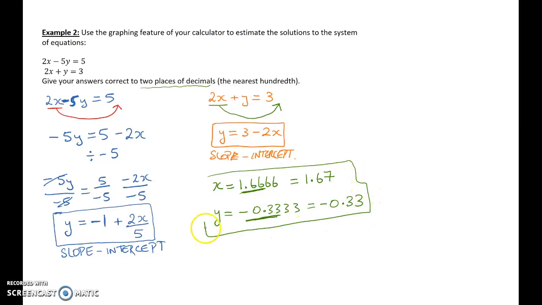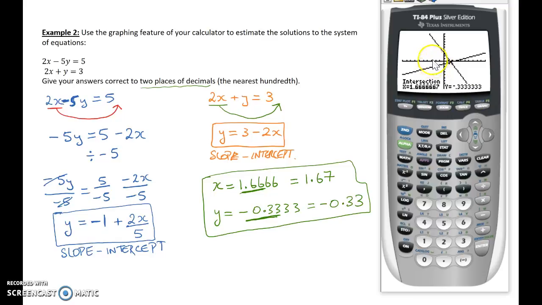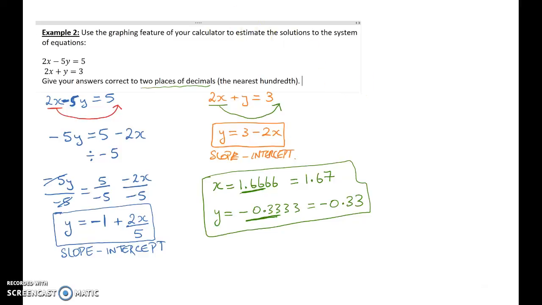Okay, now it's a good idea as well just to draw a sketch of this. It doesn't have to be a very accurate sketch, but the better you can do it, obviously the better it's going to look. So let's do this.